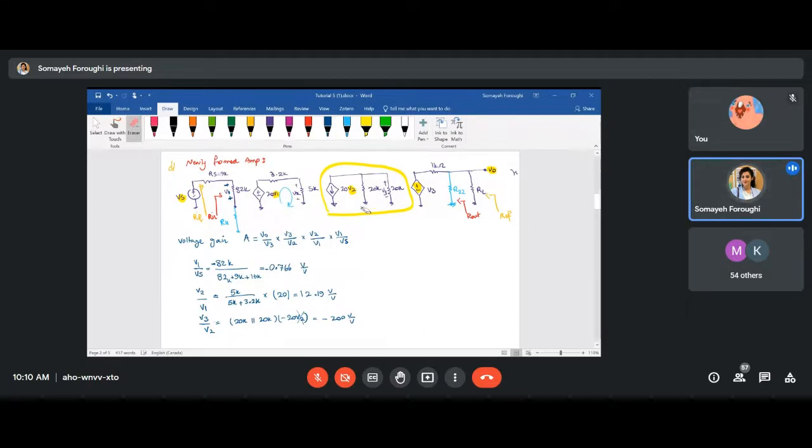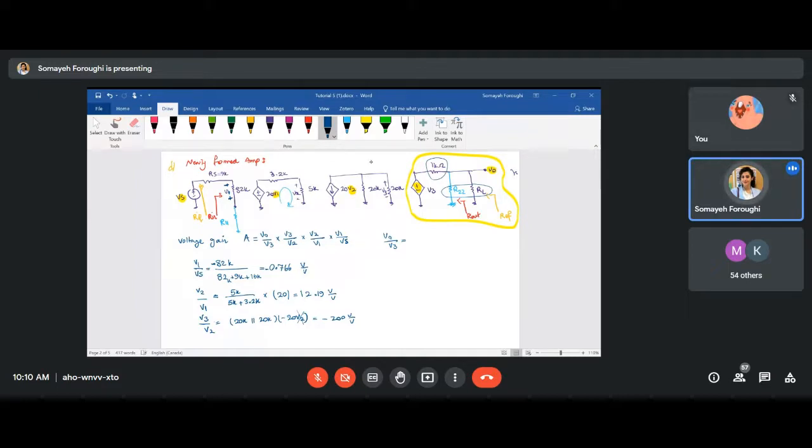And then the last part, for finding VO over V3, you have to work here. Then your VO versus V3 is going to be, okay, look at it. VO is the voltage over R22 and RL. And then there is a voltage division between RL and R22 being parallel, and then in series with 1K.